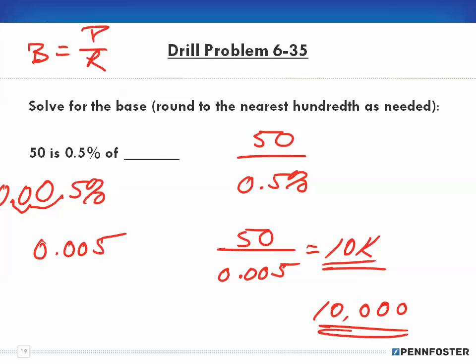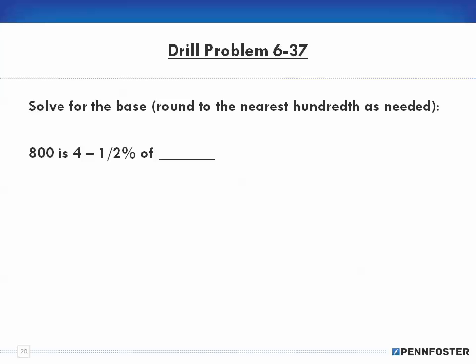Let's do 6-37 because that is also a base problem. And then I'll stop the video and move on to doing the rates and the next set of problems. So I have 800 divided by 4.5%.